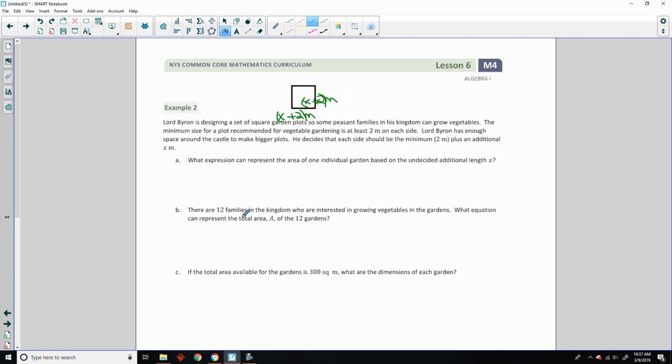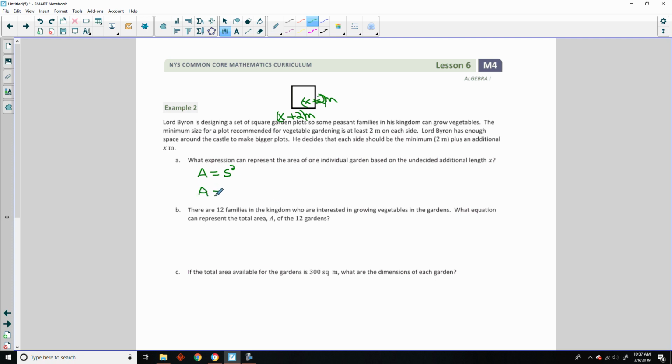Okay, so what expression can represent the area of one individual garden based on the undecided additional length x? So remember, I always write a formula first. Area equals length times, well, let me use side squared since it is a square. It is length times width, but since the length is equal to the width, we can call them sides, and area equals side squared.